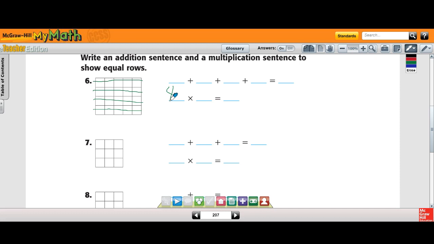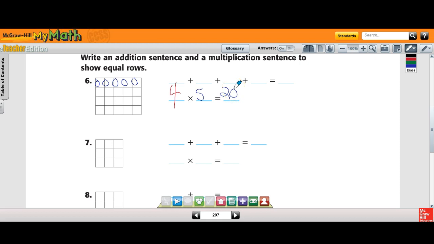Okay. How many in each row? 1, 2, 3, 4, 5. I got 5. Okay, so 4 times 5 probably should be 20.